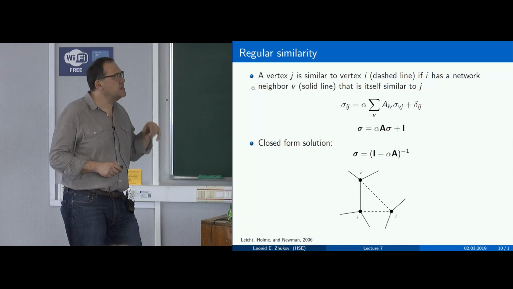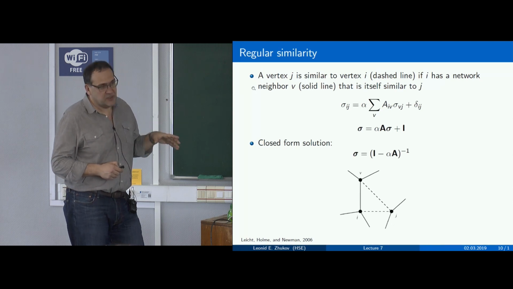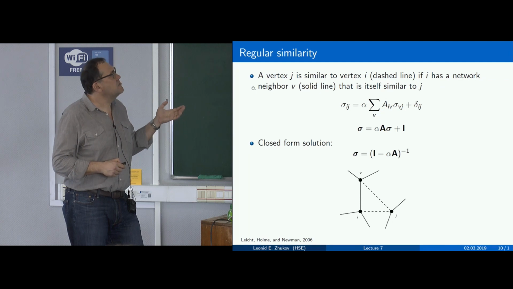Again, if you compare this to the web, you might find this definition of regular equivalence, of the nodes being equivalent. Or you might find a slightly different definition. It's also sometimes called regular similarity.